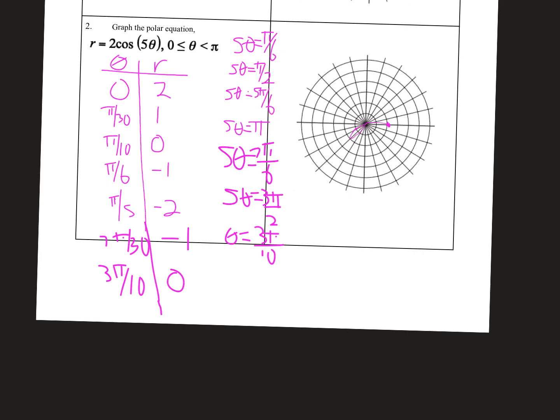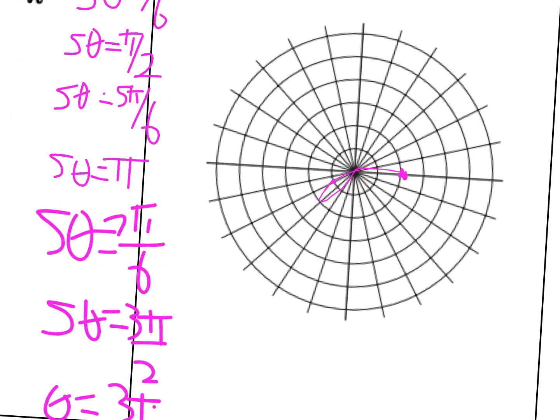And then I'm just going to get lazy and start going to the nice points. So 2 pi. That's 2 pi over 5. Cosine of 2 pi is 1, so 2. So 2 pi over 5 is going to be 2.